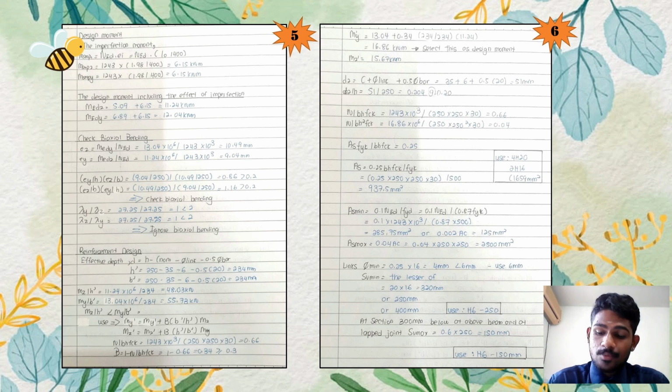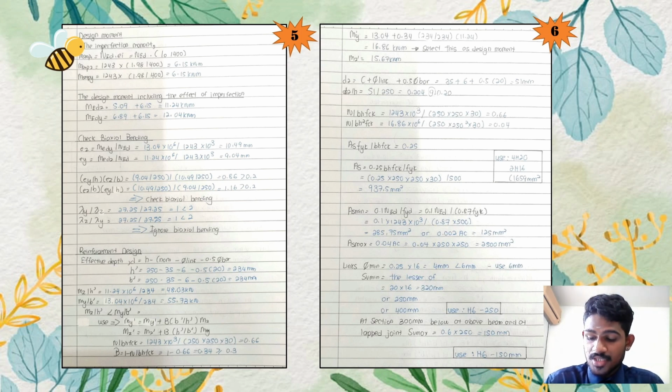For the design moment, including the effect of imperfection, for the MEDZ you will get 11.24 kilonewton meter, and also MEDY you will get 12.04 kilonewton meter. Check the biaxial bending. So for the ez you will get 10.49 millimeter, and also ey you will get 9.04 millimeter.